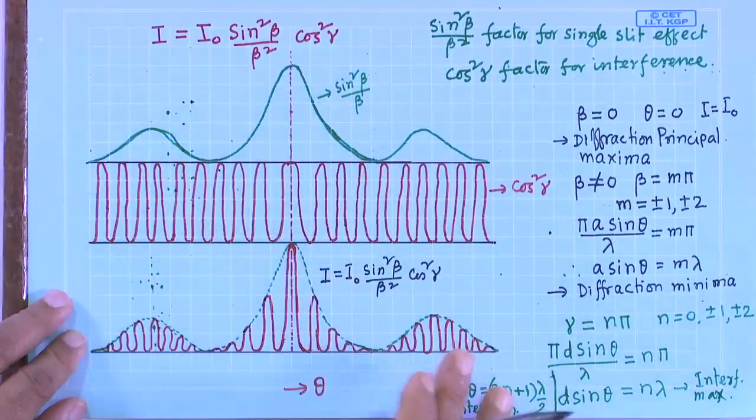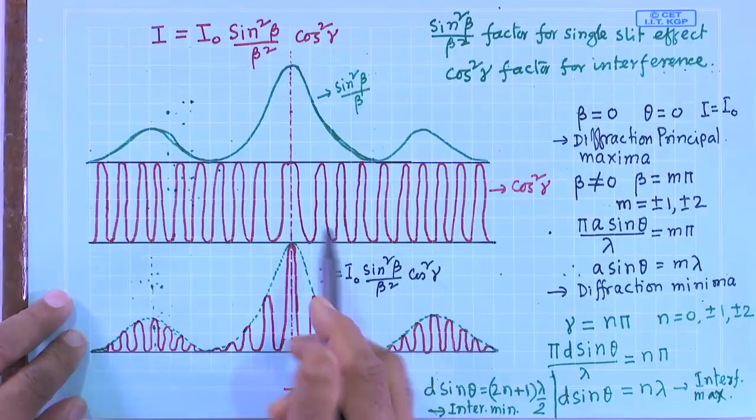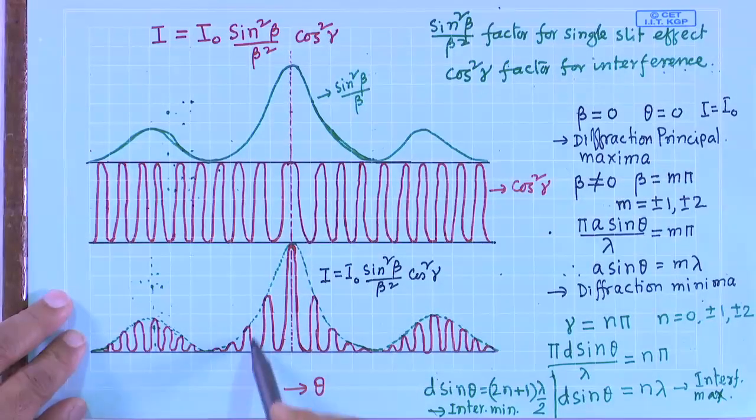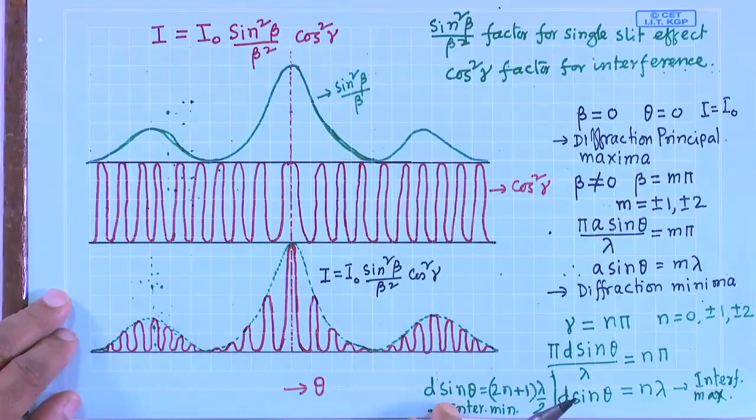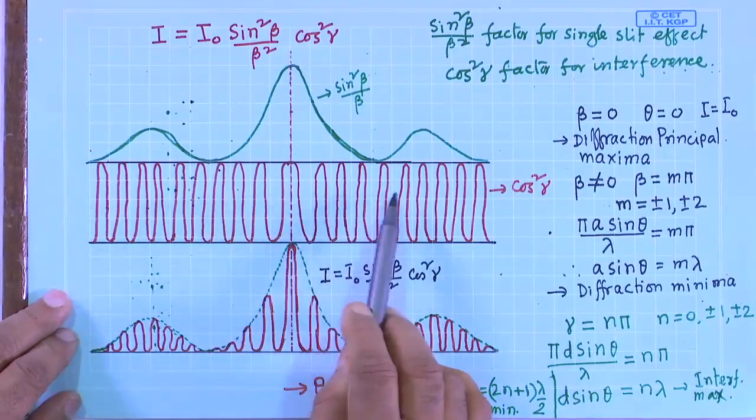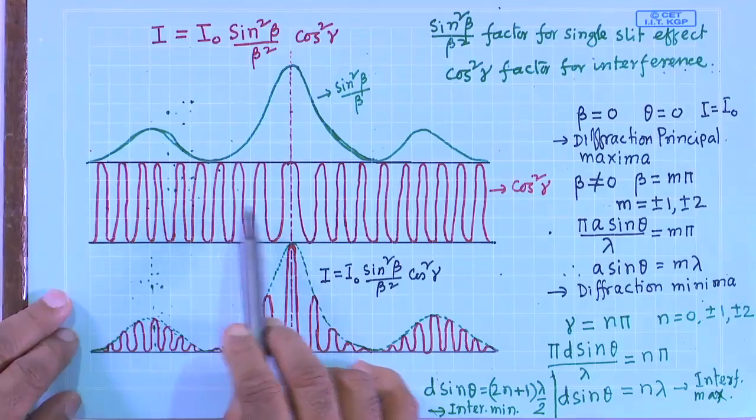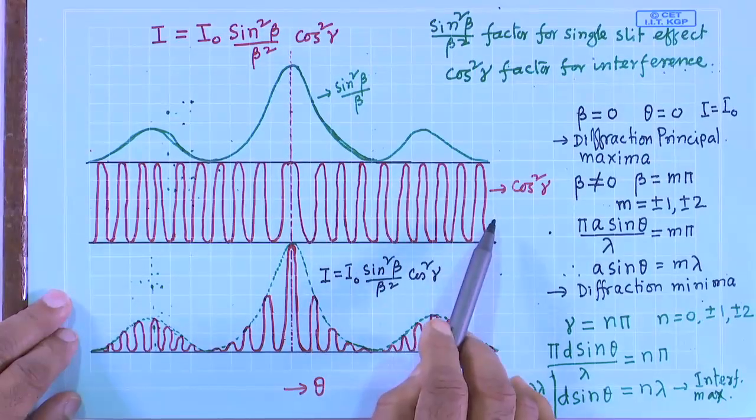These two will overlap, and you will get the resultant diffraction pattern from the double slit, with interference maxima, minima, maxima, minima.